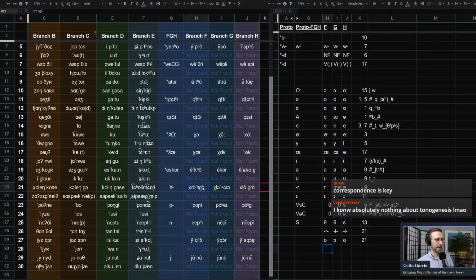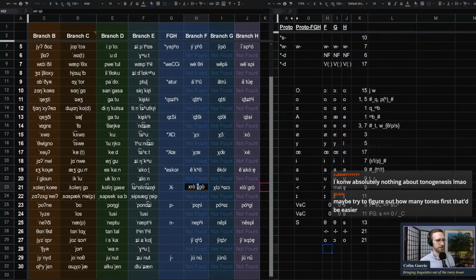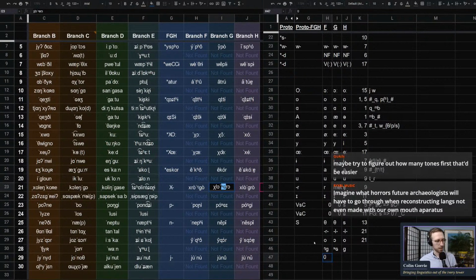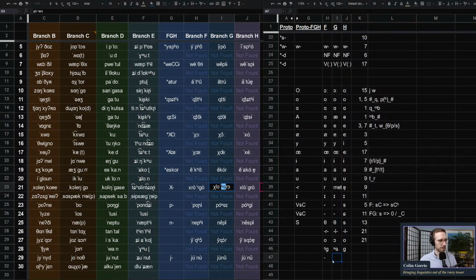And then we have pre-nasalized velar stop, pre-nasalized uvular stop, and just a velar stop. And finally, we have null. Maybe I can just write it. That's better. RR.